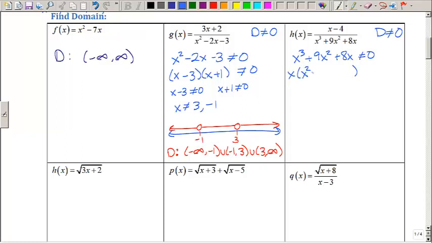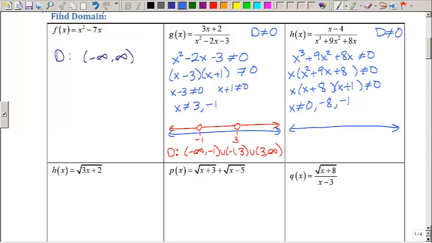This looks like I have a GCF of x. I get a factor. So x is not allowed to be 0 from the first factor. x is not allowed to be negative 8 from the second factor. And x is not allowed to be negative 1 from the third factor.